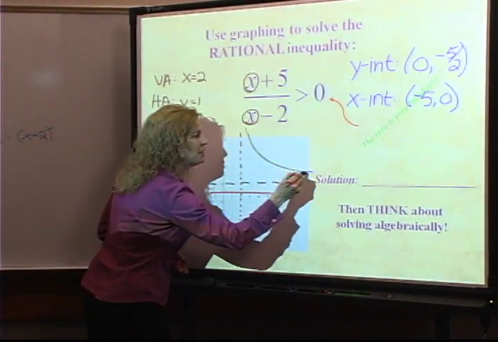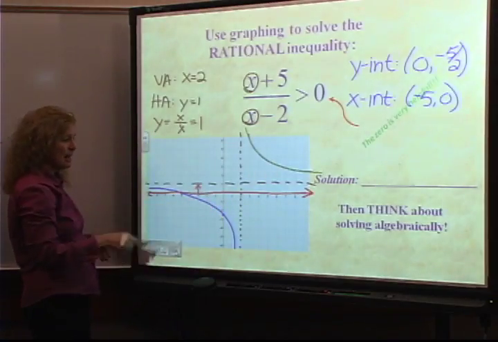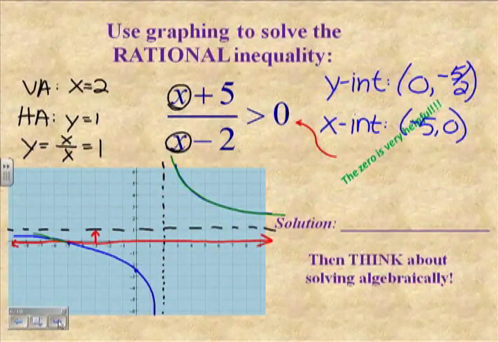Well, all through here, that entire branch is, and left of that negative 5, because at negative 5 it crossed over, and it's going to go up next to that asymptote. So collapsing it down, it's not greater than 0 at negative 5, but everywhere to the left it is.